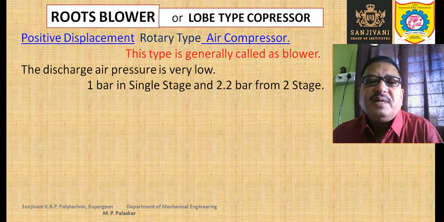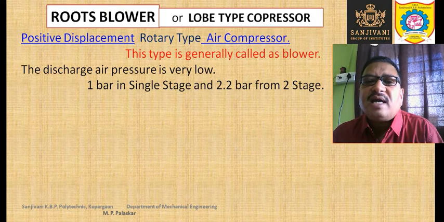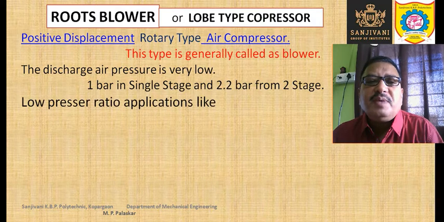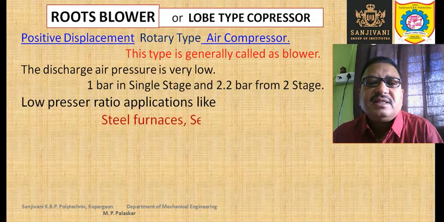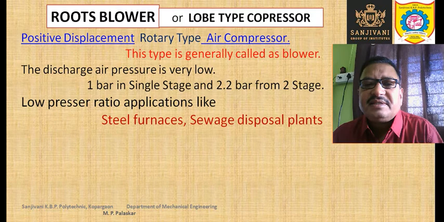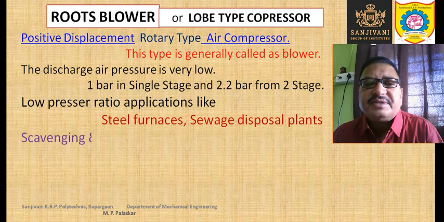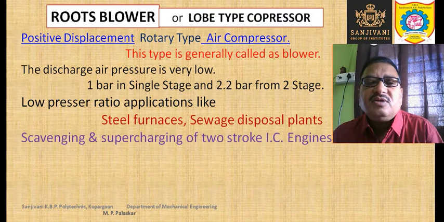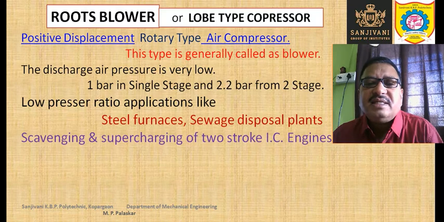This Roots blower is suitable for low pressure ratio applications like steel furnaces or sewage disposal plants. It is also used for scavenging as well as supercharging in case of the two-stroke IC engines.